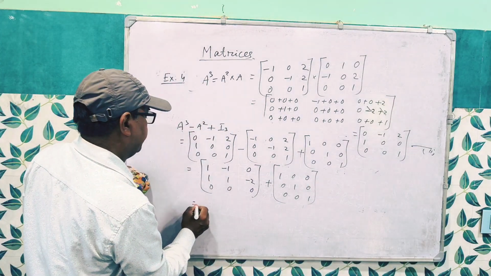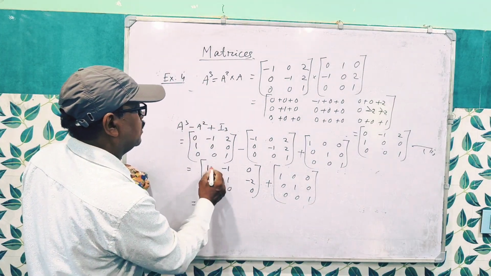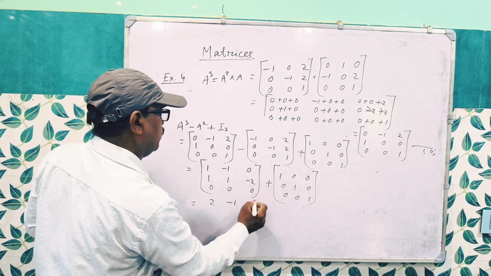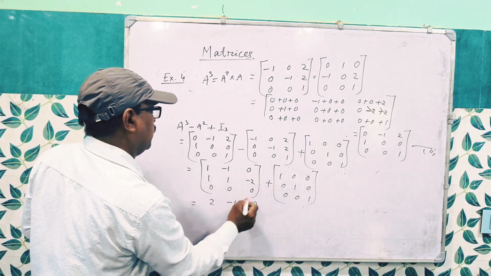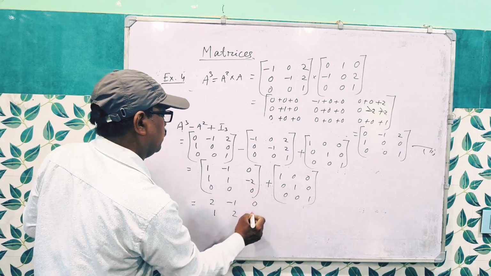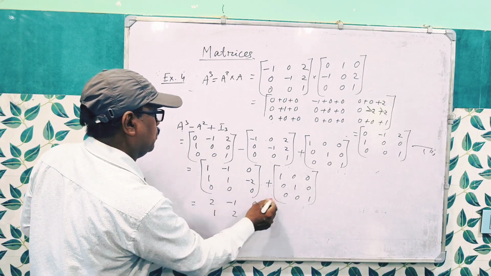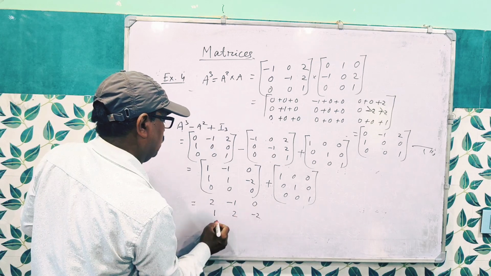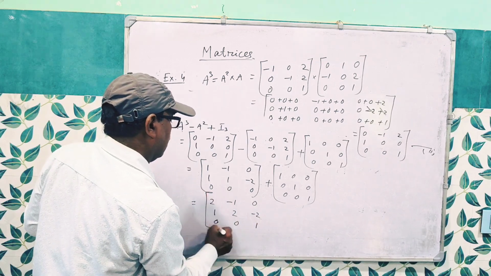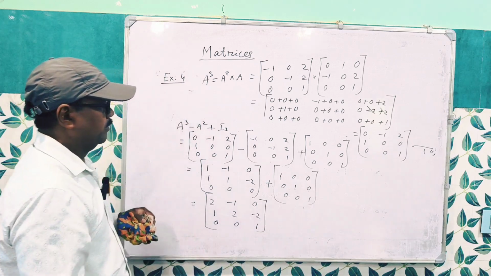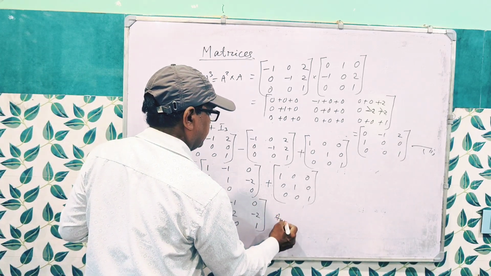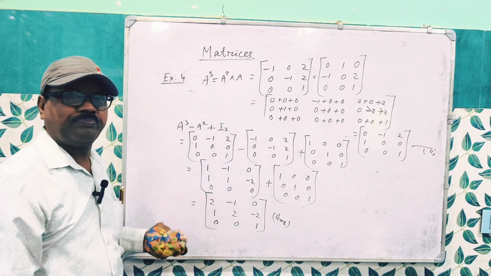Then by adding: 1 plus 1 is 2, minus 1 plus 0 is minus 1, 0 plus 0 is 0, 1 plus 0 is 1, 1 plus 1 is 2, minus 2 plus 0 is minus 2, 0 plus 0 is 0, 0 and 1. This is our result. Clear?